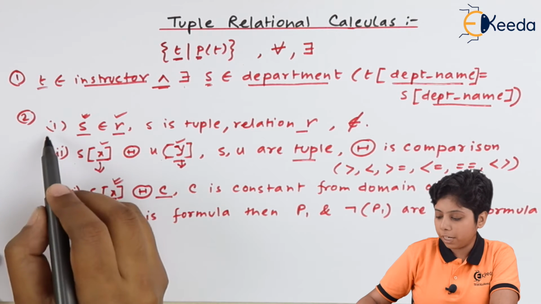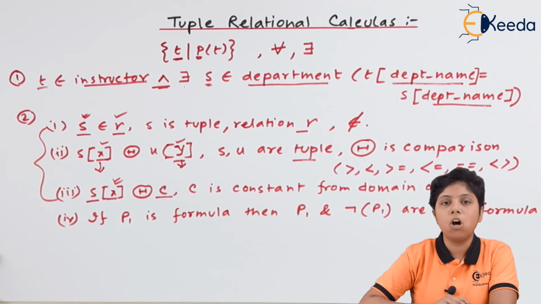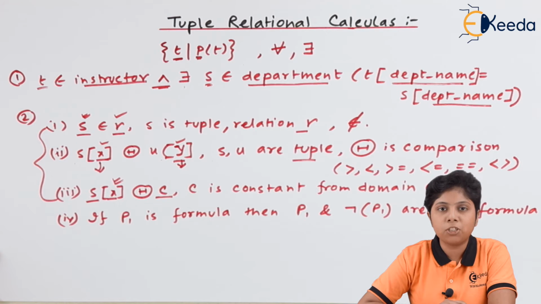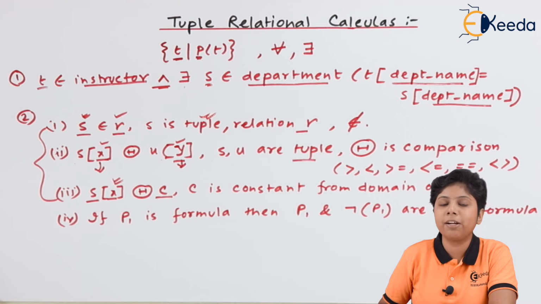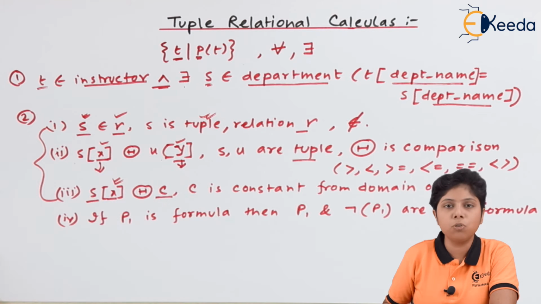The atoms that we have discussed previously are all formulas. Basically they are all predicates. Some are free variables or free predicates where there is no condition, some are relational comparisons between two tuples on attributes, and the predicate can also be a check against a constant on the attribute of a tuple.